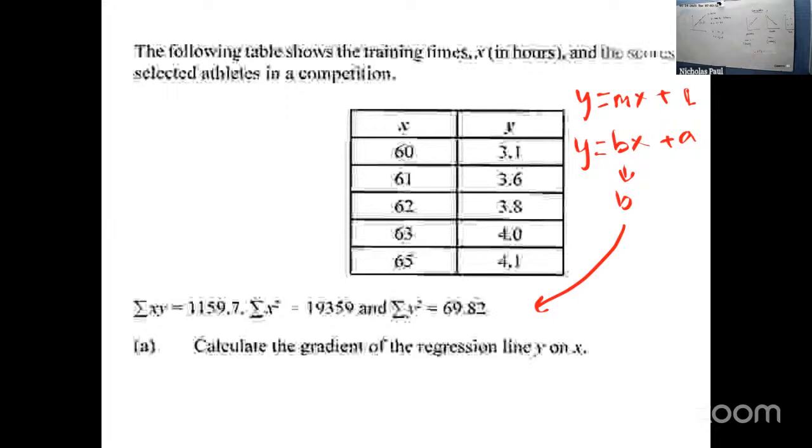Somebody can just share the formula sheet in the group now, please.